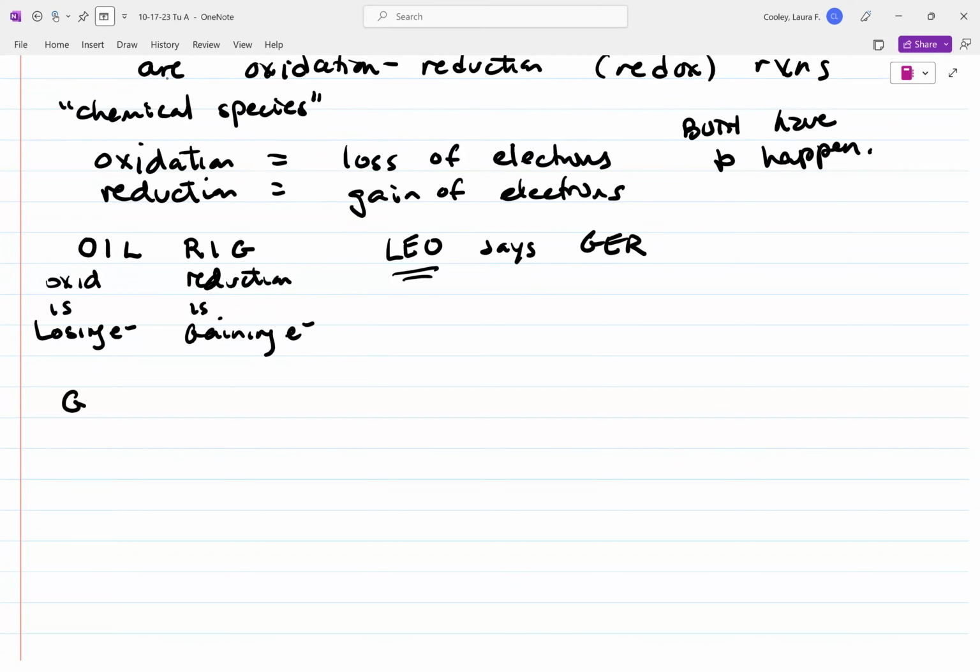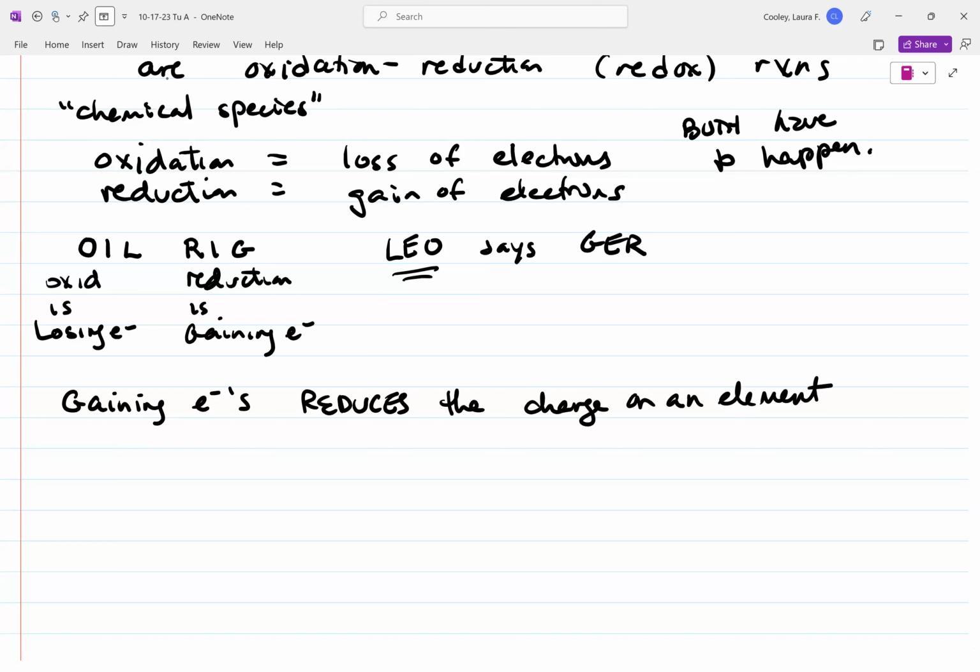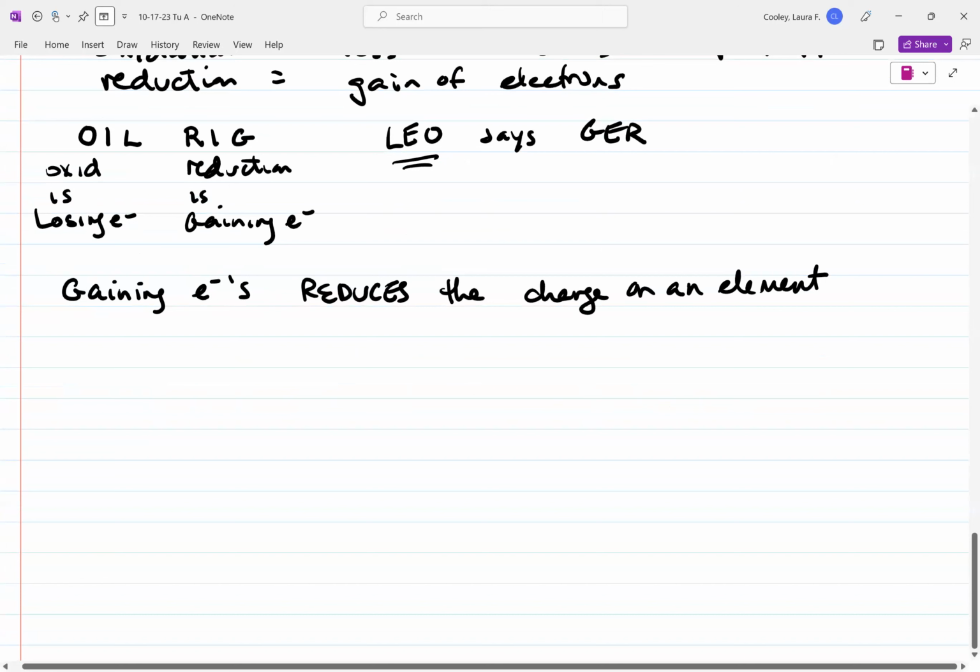So gaining electrons reduces the charge on an element. Because usually it can be one element within a compound. Let's just call it element, okay?